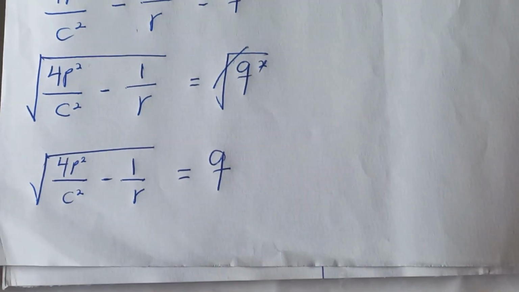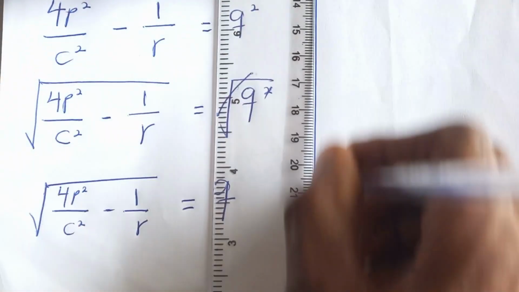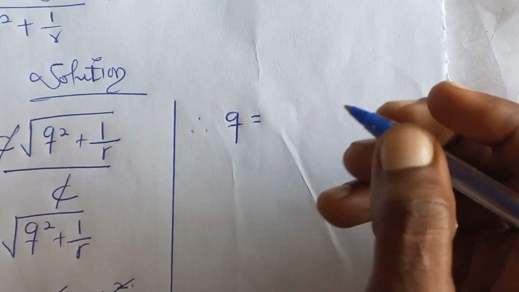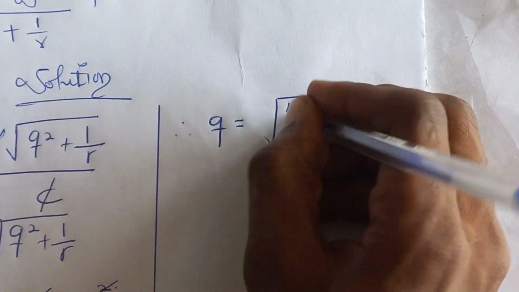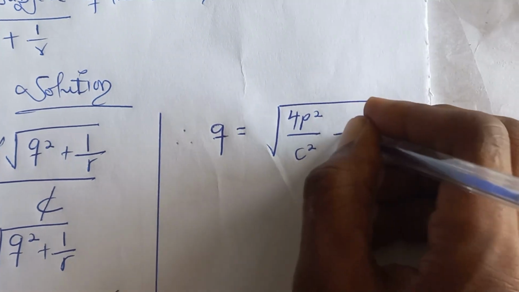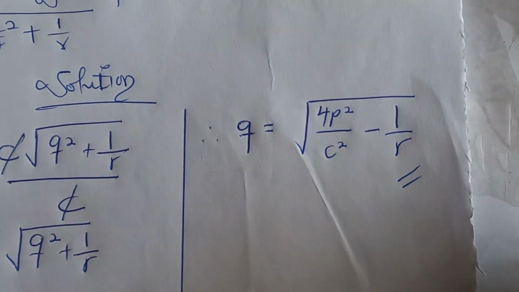So we can say that our q, so therefore q is equal to root of 4p squared on c squared minus 1 on r. So this is our final answer.